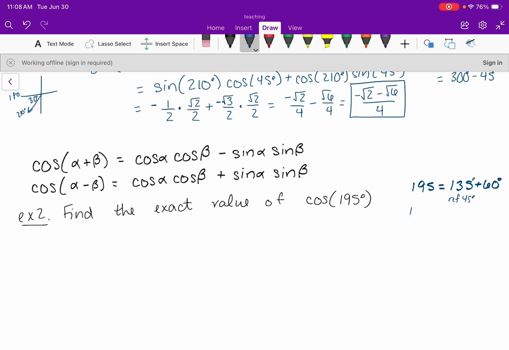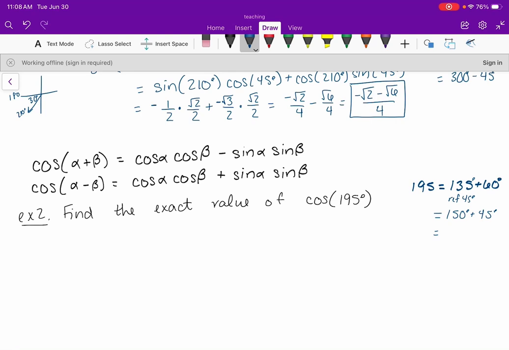I could also do, let's see, what's another option? You should pause and think of some. 165 and 30 won't work because 165 doesn't have a good reference. I could do 150 and 45. That's also another option.